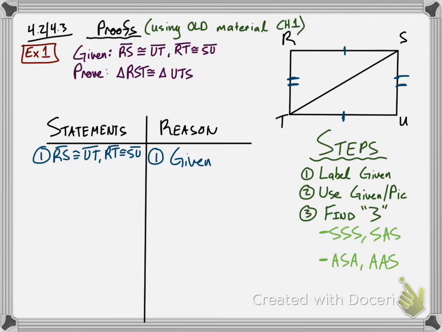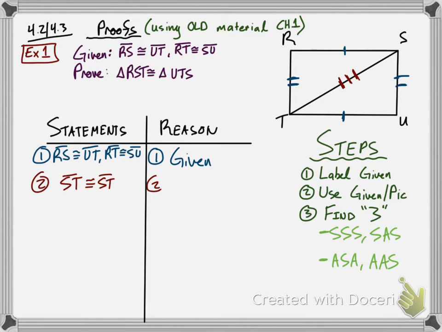All right, we're moving on into gathering our evidence here. Our given, we don't have any definitions or parallel lines, so we're going to move on to our picture. And here in our picture, our 2 triangles, they share this middle side here. They share that wall. So we're going to say that ST is congruent to itself.